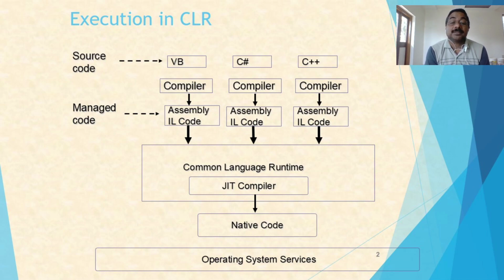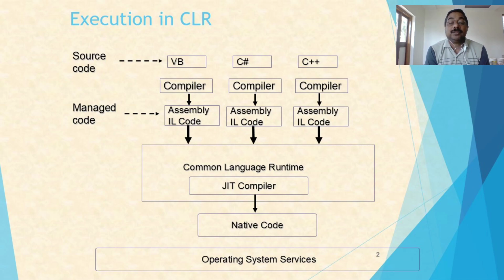Next, this will be provided to the common language runtime, where this whole code is compiled with the JIT compiler. The JIT compiler, that is the just-in-time compiler, is a very important compiler, which very quickly processes the source code and compiles the assembly IL code into native code.